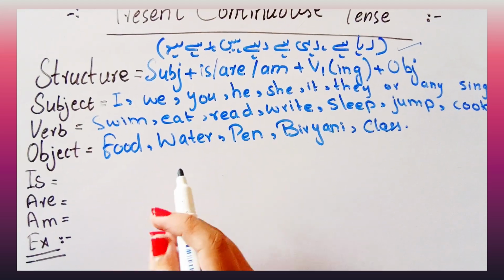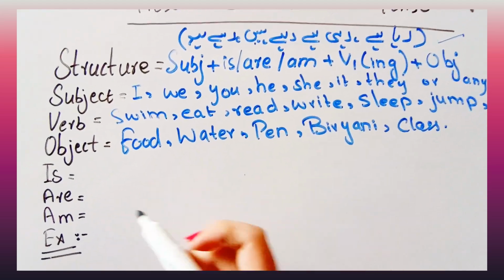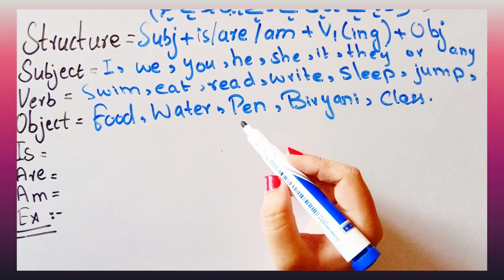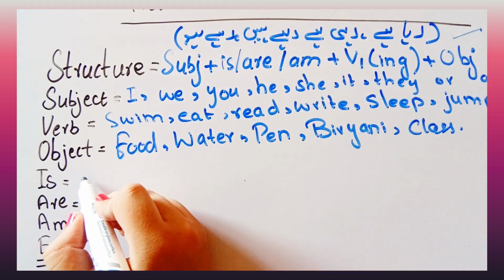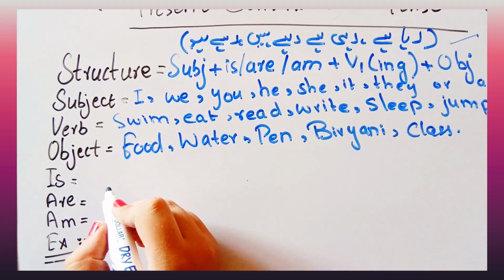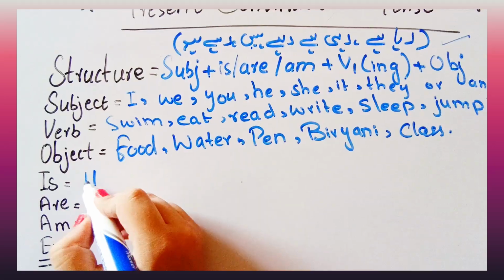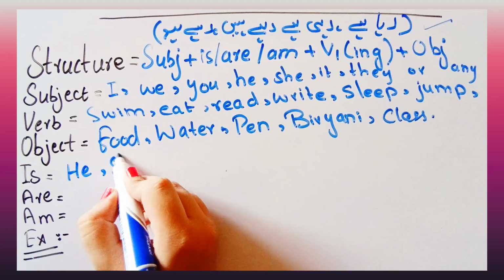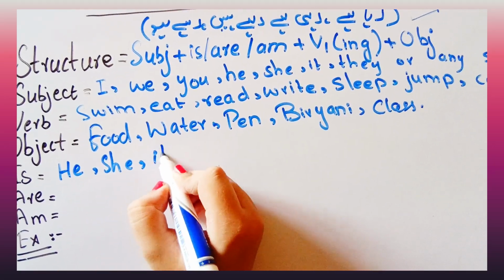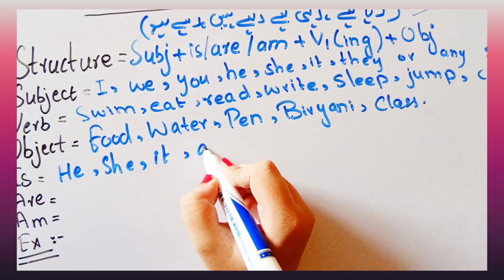And if we talk about with whom we can use is, am, are in this tense: is we use basically with the third person, like he, she, it, any single name.